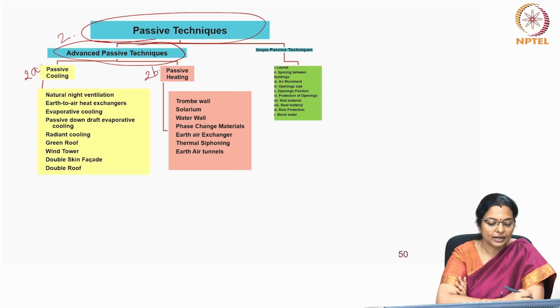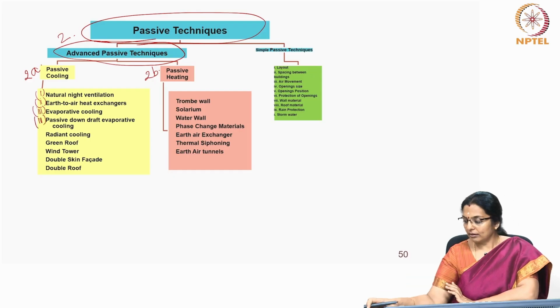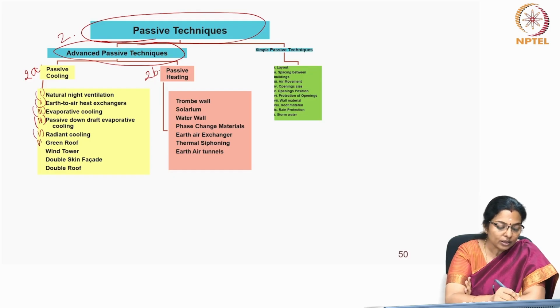Passive cooling comprises natural night ventilation, earth to air heat exchangers, evaporative cooling, passive downdraft evaporative cooling, radiant cooling, green roof, wind tower, double skin facade and a double roof.